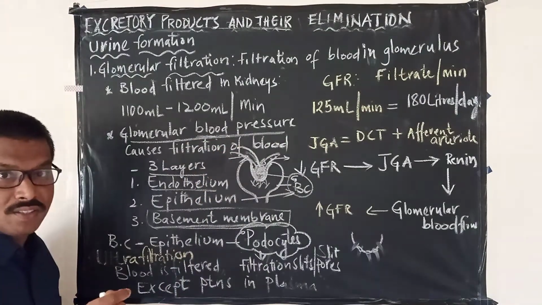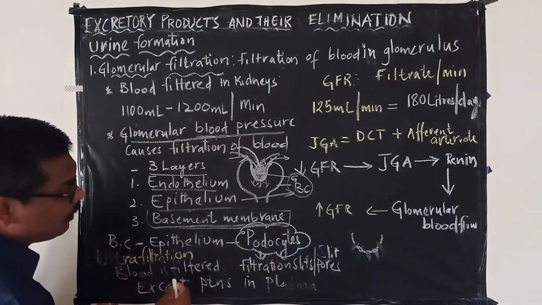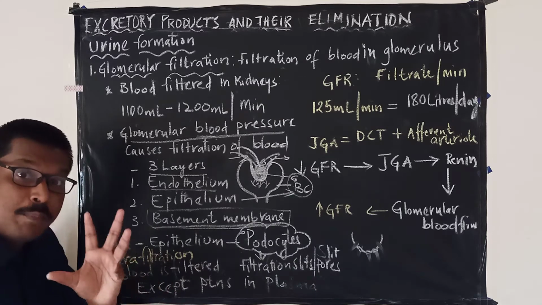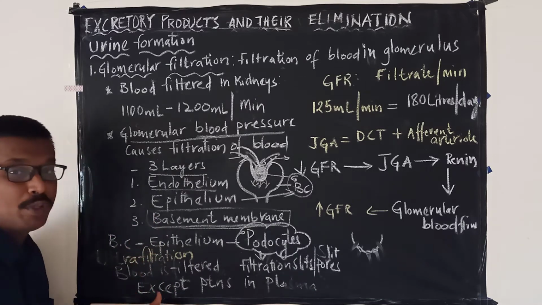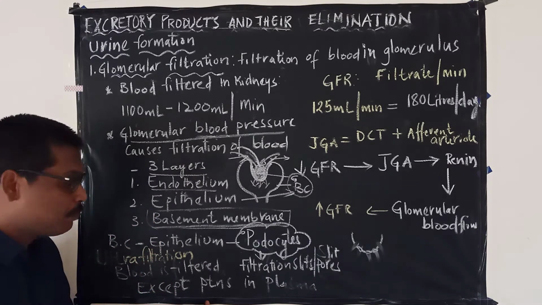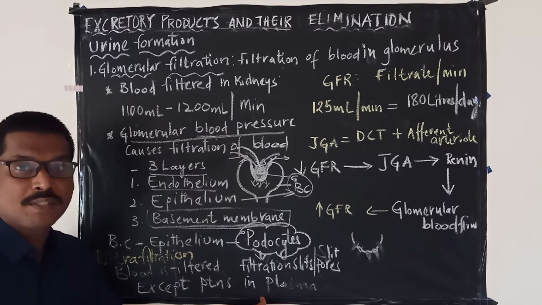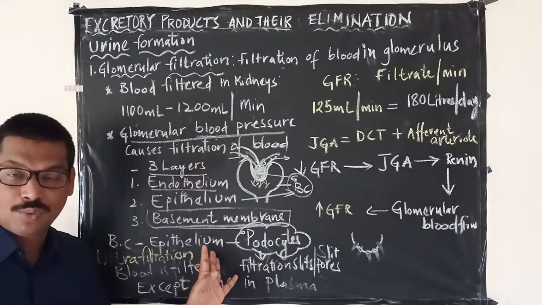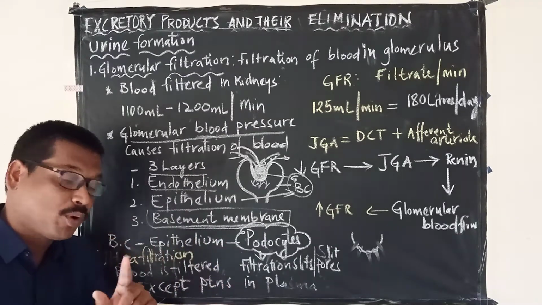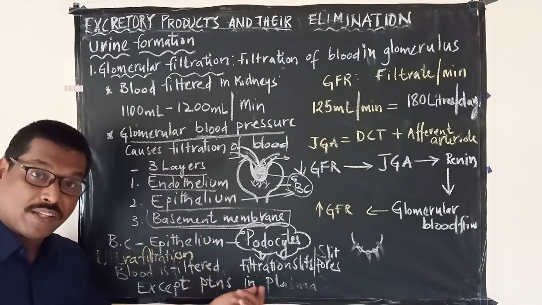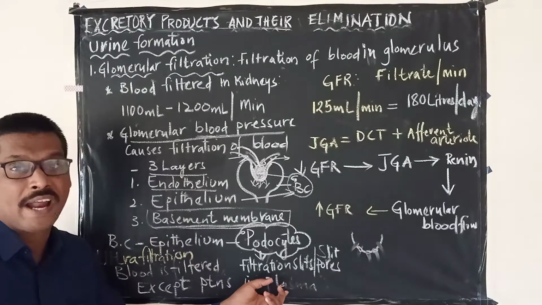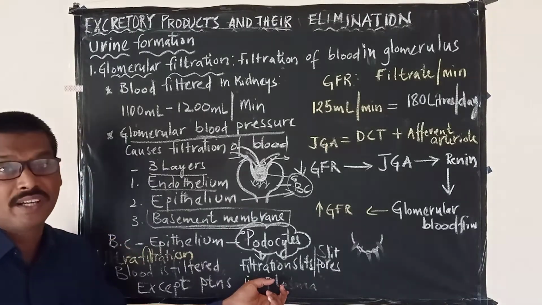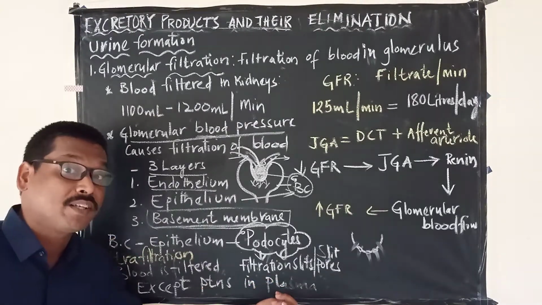Because of this, except the proteins that are present in the plasma, the rest will be filtered through these three layers. All the nitrogenous metabolic wastes will be filtered, but not the proteins present in the plasma.